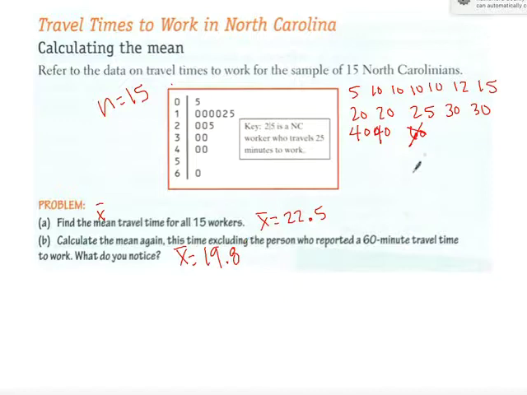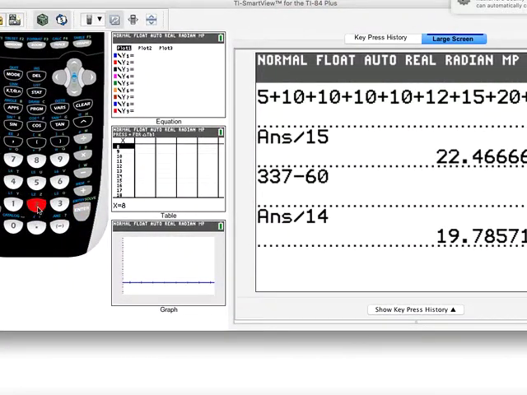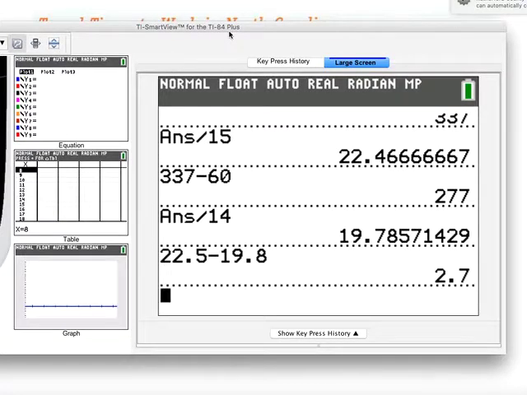Basically, what we can find out from that is if we take these two numbers and subtract them from each other, 22.5 minus 19.8, we get 2.7.